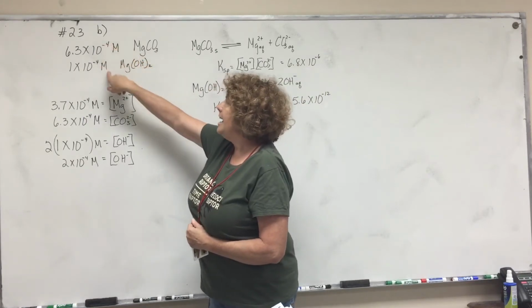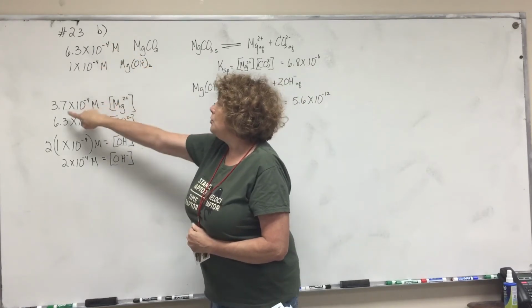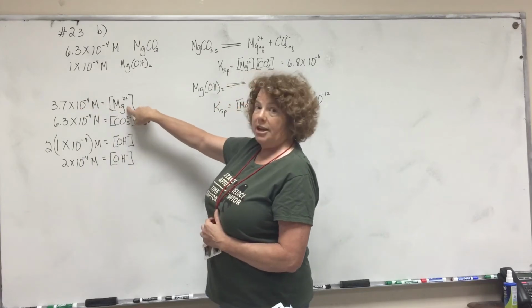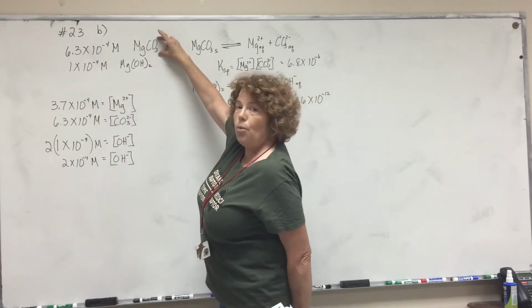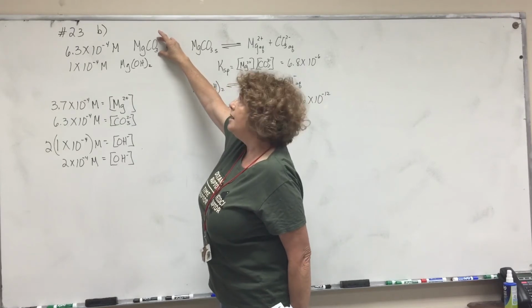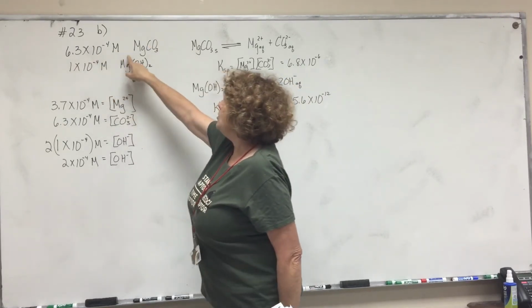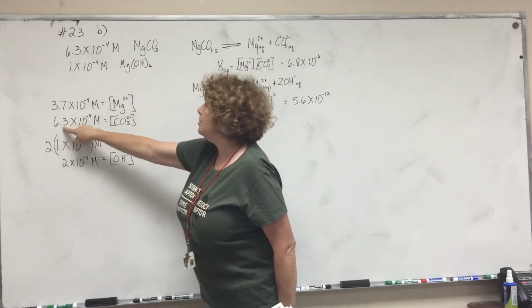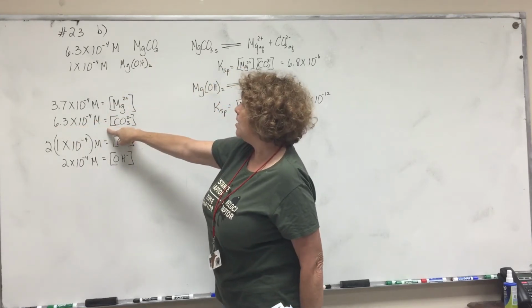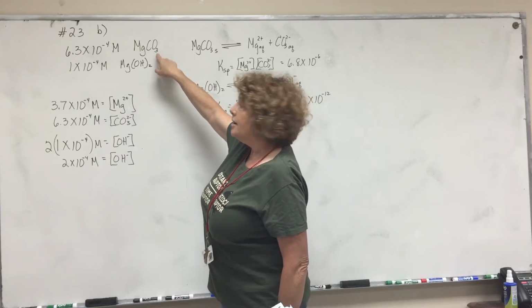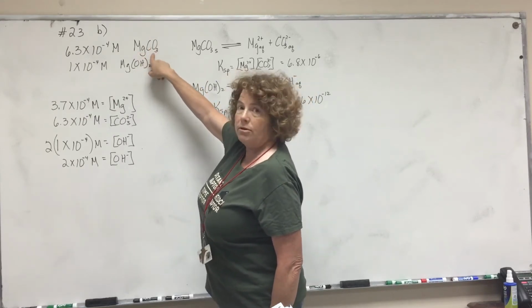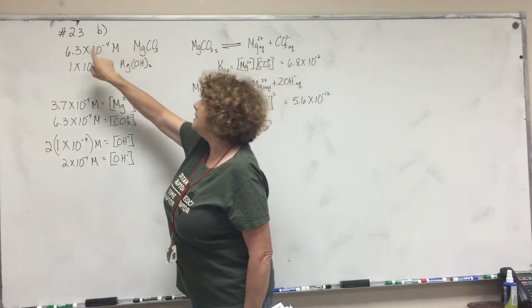So if you add it together and divide by 2, you get the molarity of the Mg. Now the other ones, if there's only one in each one, then it's the same as the molarity. So the CO3 would be 6.3 times 10 to the negative 4, because for every mole of MgCO3, there is 1 mole of this and 1 mole of that. So it's going to be the same as this.